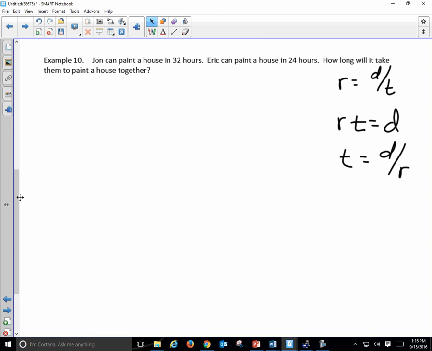So we're going to start with this middle one right here. Rate times time is equal to distance, or work is equal to the rate times the time. Now, how much work are they doing? How many houses are they painting? They're painting 1 house.